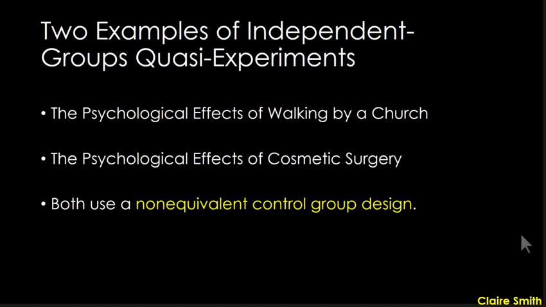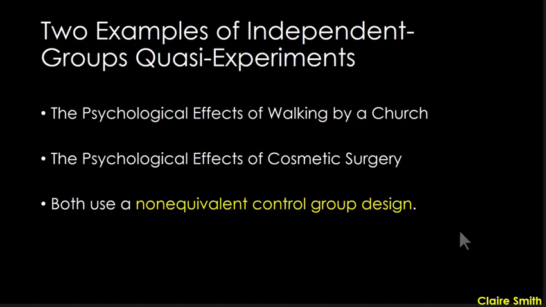There's at least one treatment group in this type of design and one comparison or control group. But again, unlike an actual experiment, the participants aren't going to be randomly assigned to groups. The researchers aren't manipulating the independent variable. In all cases of non-equivalent control group designs, the researchers are just looking at what levels of the independent variable are present, doing their best to randomly select people who are already in those groups.